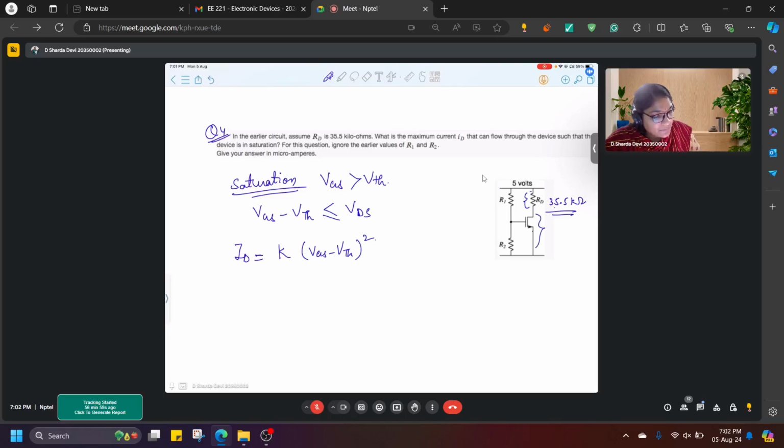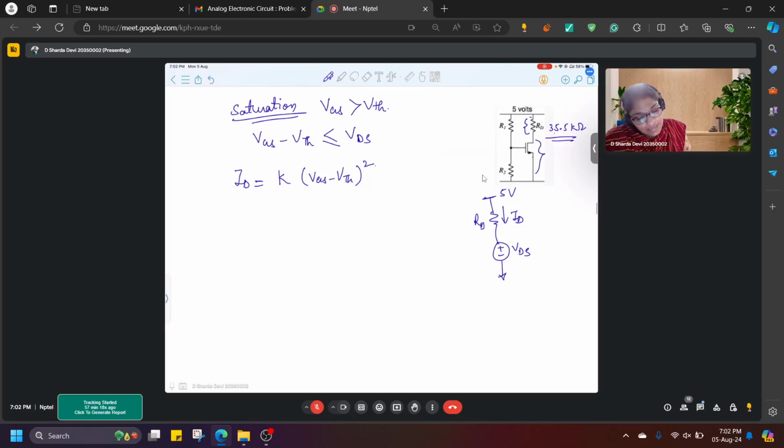So VDS will be minimum, right? Do you understand this? So here you have some current ID, RD, and you have plus minus VDS over here. This 5 volts only can drop across it. Now, if I write the KVL, I will write it as IDRD plus VDS.